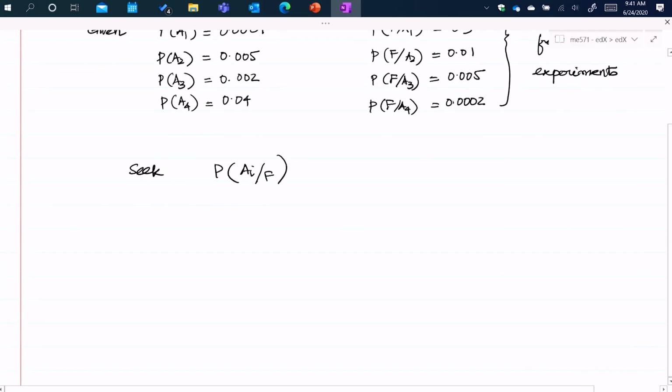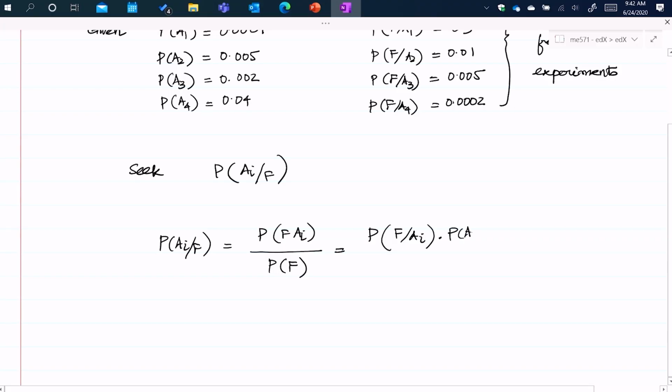In order to obtain this, we would need to use the general statement of Bayes' theorem, which states that the probability of Ai given F is the probability of F and Ai divided by the probability of F, because the Ai are mutually exclusive events. In this case, we will assume that the Ai are all mutually exclusive. So by Bayes' theorem, this is the probability of F given Ai times the probability of Ai, divided by the summation of the probability of F and Ai.